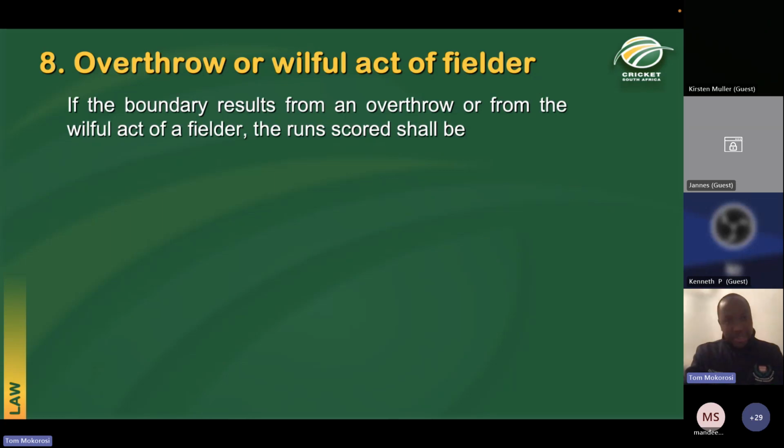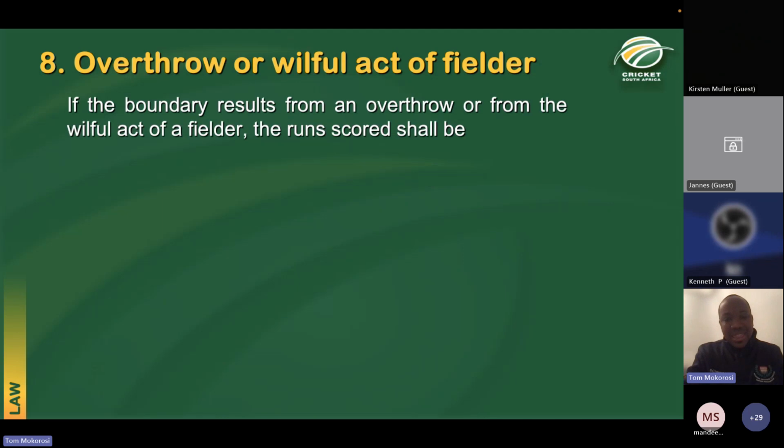The law says that if the boundary results from an overthrow or from the willful act of a fielder, and a willful act of a fielder could be a fielder deliberately kicking the ball over the boundary, there's a few reasons why a fielder would do that.